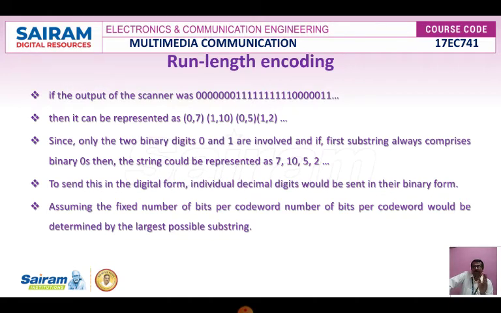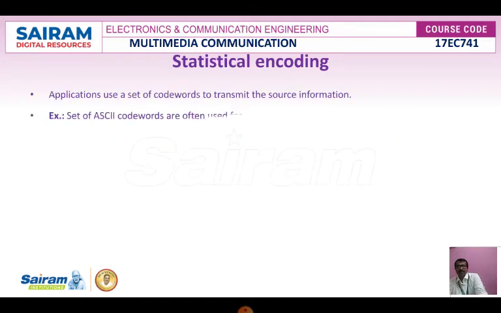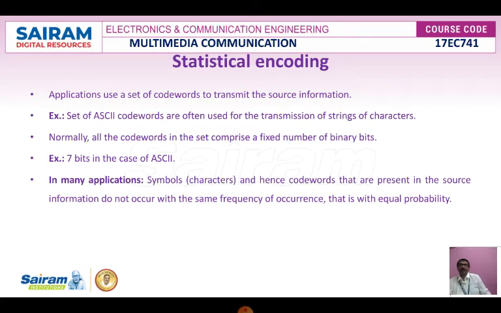So instead of 7, 10, 5, 2, it will be converted into 0 1 1 1, 1 0 1 0, 0 1 0 1, 0 0 1 0. That is in binary format, this can be sent. Assuming a fixed number of bits per code word, the number of bits per code word would be determined by the largest possible substring.